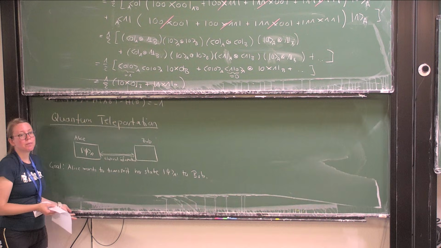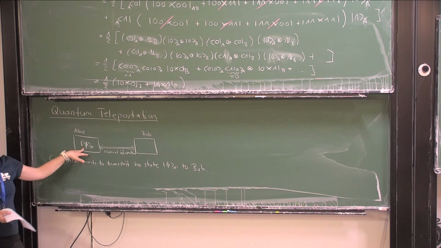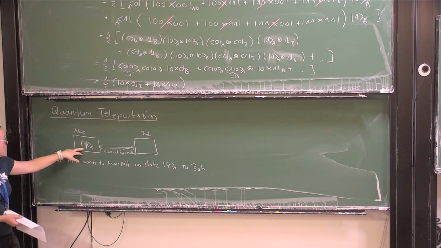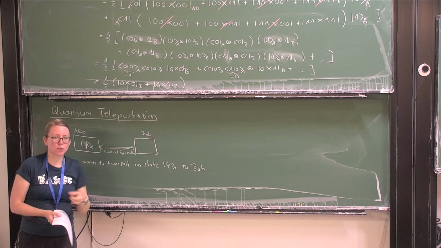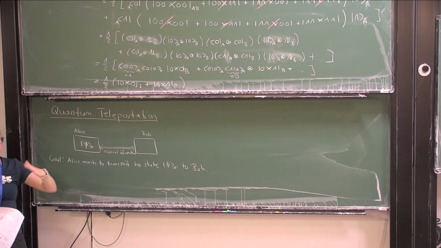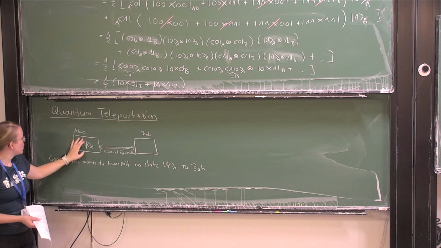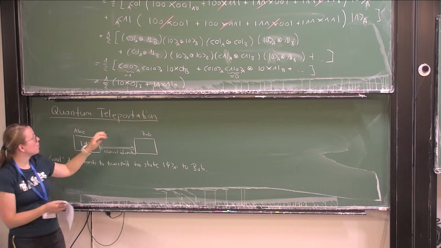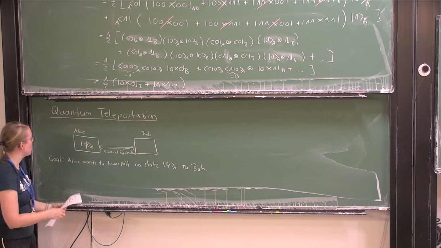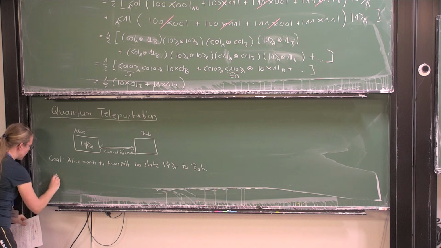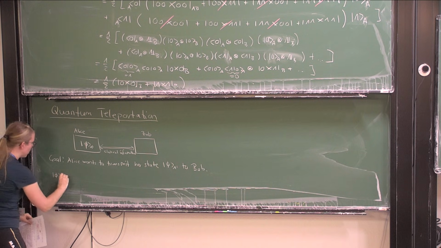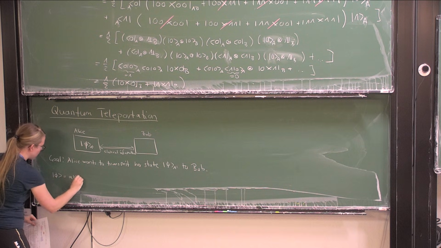I mean, if Alice had many copies of her quantum state, then she could do something that's called quantum state tomography, where she measures the state many times. You remember the general form of the qubit state was this.